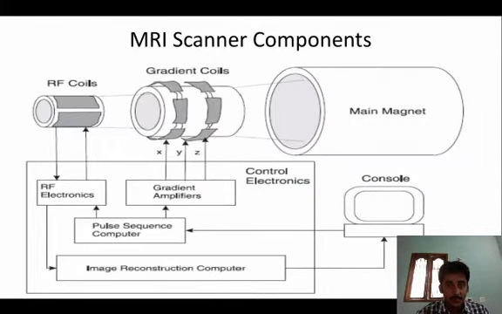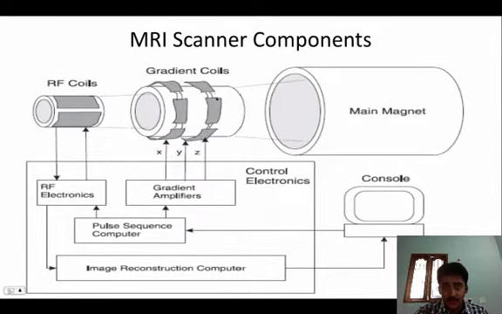Let us see this block diagram. This block diagram consists of the main magnet, which is of high radii, which firstly includes gradient coils, and then RF coils. What are these gradient coils? If a human body is sent into the machine and we need to scan a particular area or frame of the body, we need to point out the location.